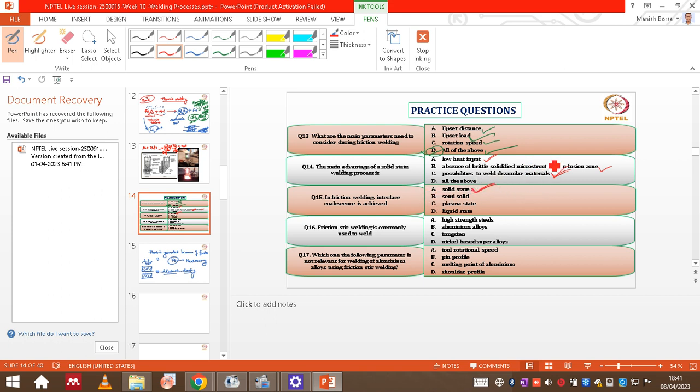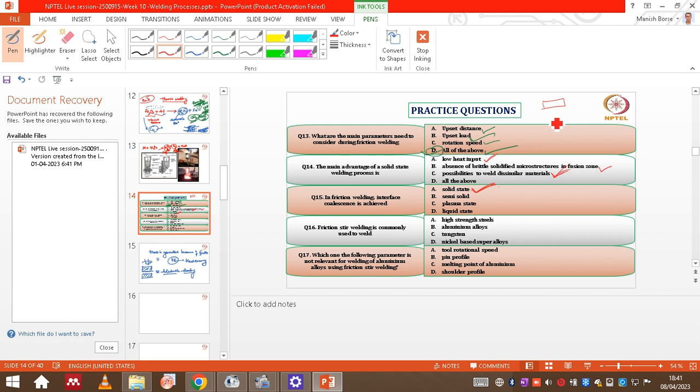Maybe we will see that in the next live session, processes like ultrasonic welding and even explosive welding. Explosive welding is mainly for joining entirely different materials, like copper and steel, or aluminum and steel, something like that, right?